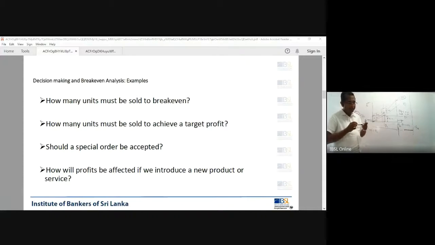So margin of safety is the difference between break-even point quantity and the budgeted quantity, or break-even quantity and the actual sales quantity. Break-even sales and budgeted sales. Break-even sales and the actual sales. That difference is called margin of safety.